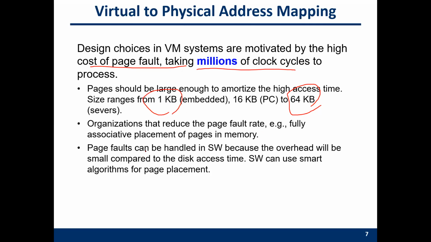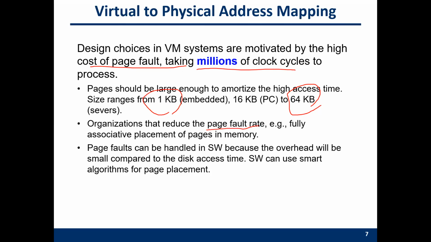So we will talk about how to reduce the page fault rate. It's similar to your cache. You also need to do replacement to guarantee that you have a smaller page fault rate.